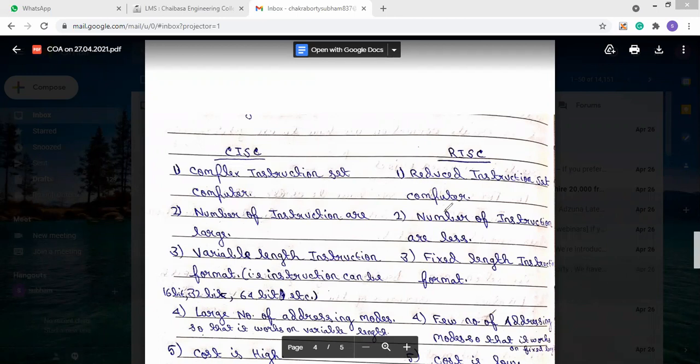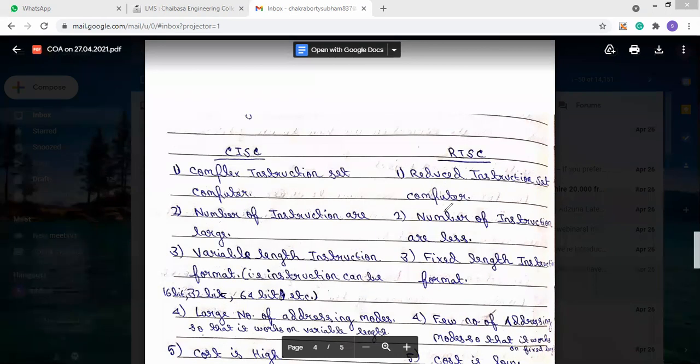These are the two types. Now, in CISC, the number of instructions is large. Whereas in RISC, the number of instructions is less. In CISC, variable length instruction format is used.